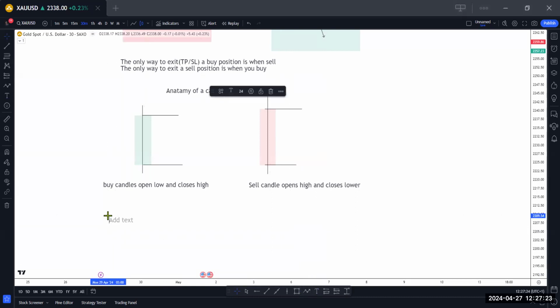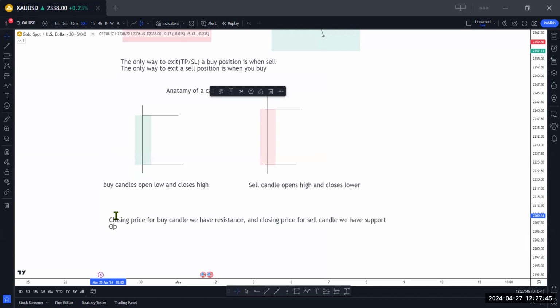We have support. So it means closing price for buy candle, we have resistance, and closing price for sell candle, we have support.